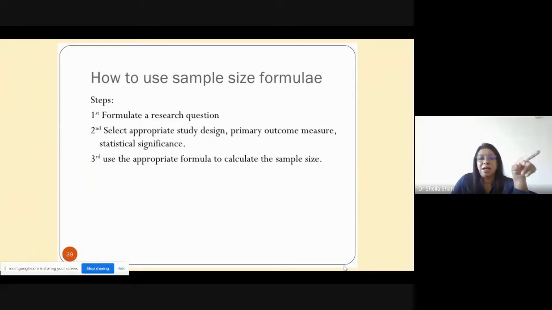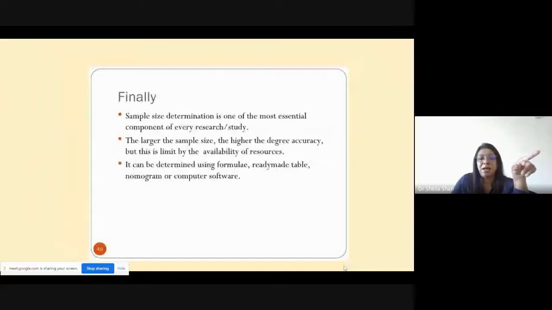I'm repeating this many times. Sample size determination is one of the most essential components in a research study. You can use a formula, you can use a nomogram. You can also use the table, or you can use your software.